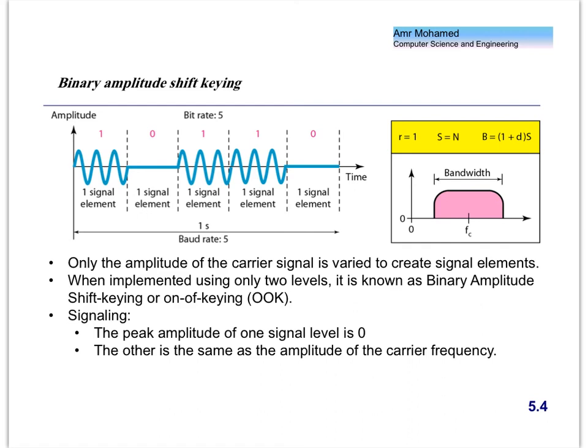The 0 is a sine wave with an amplitude of 0. This is binary amplitude shift keying, which means we have only 2 levels. But we can improve that and use 4 different levels by having 4 different amplitudes of the sine wave. In that case, we can map each 2 bits into a sine wave instead of 1 bit.